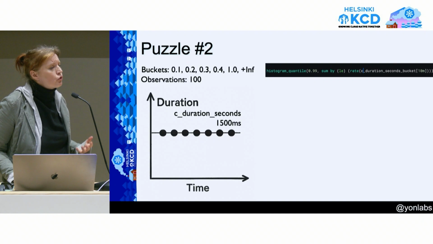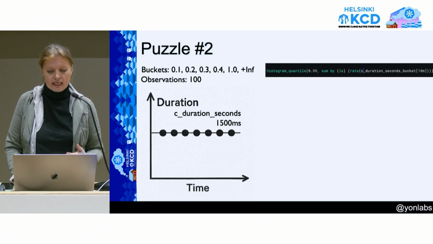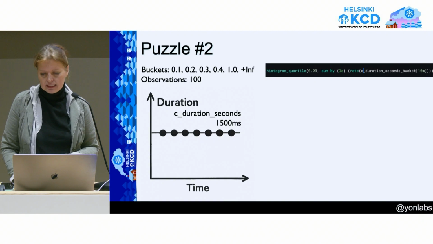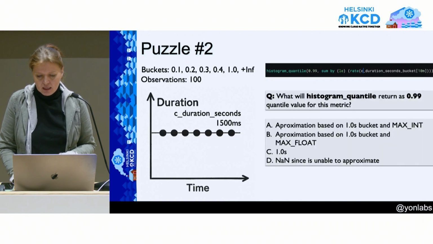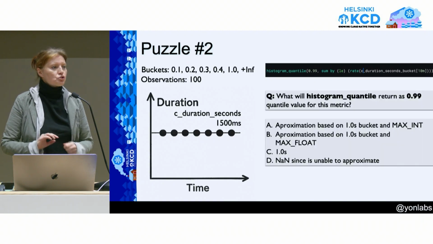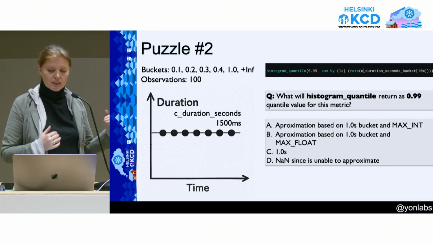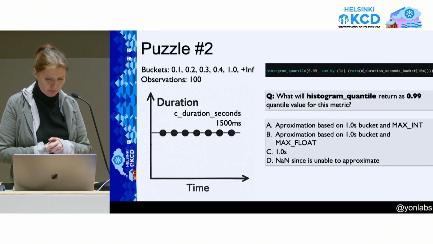And again, we want to calculate histogram quantile for 0.99 and this metric. And again, let's try to guess what Prometheus is gonna do in such a case.